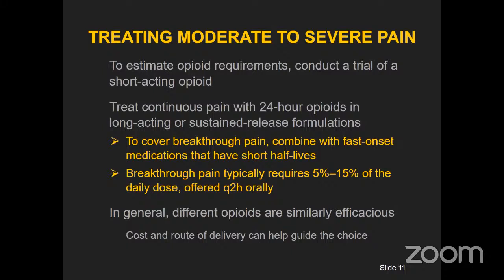To cover breakthrough pain, combine a fast-onset medication that has a short half-life. Breakthrough pain typically requires 5% to 15% of the daily dose, offered every 2 hours orally. In general, different opioids are similarly efficacious. Cost and route of delivery can help guide the choices.